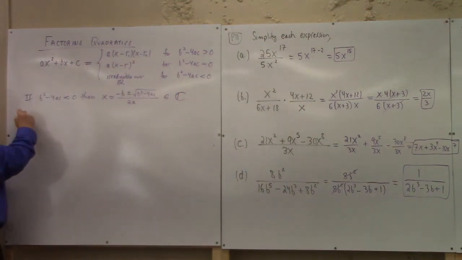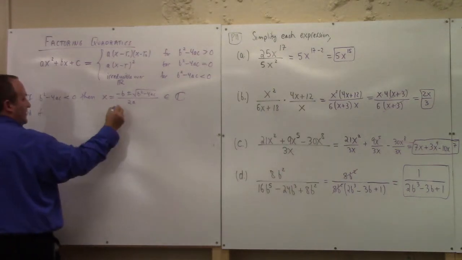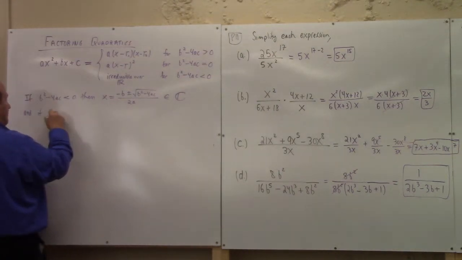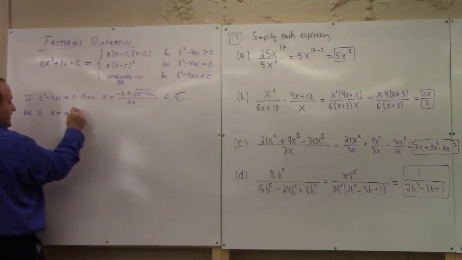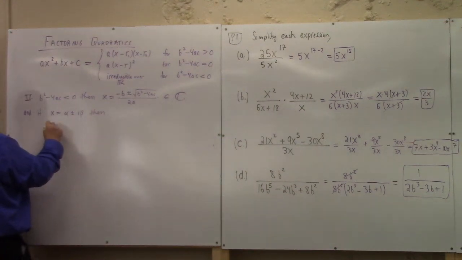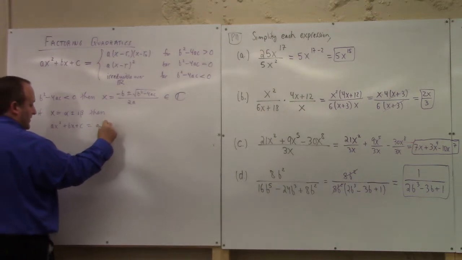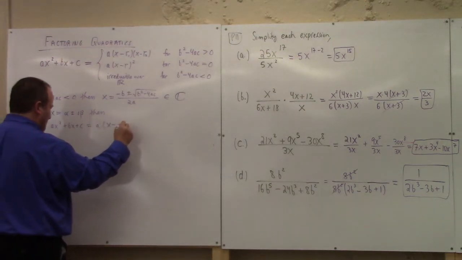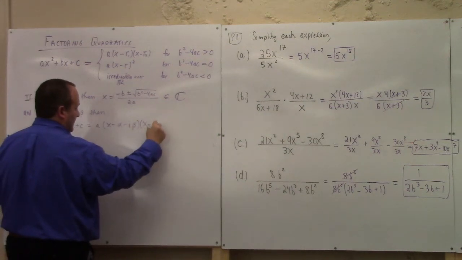And if we call these, let's say, alpha plus or minus i beta, then ax squared plus bx plus c is equal to a times (x minus alpha minus i beta) times (x minus alpha plus i beta).